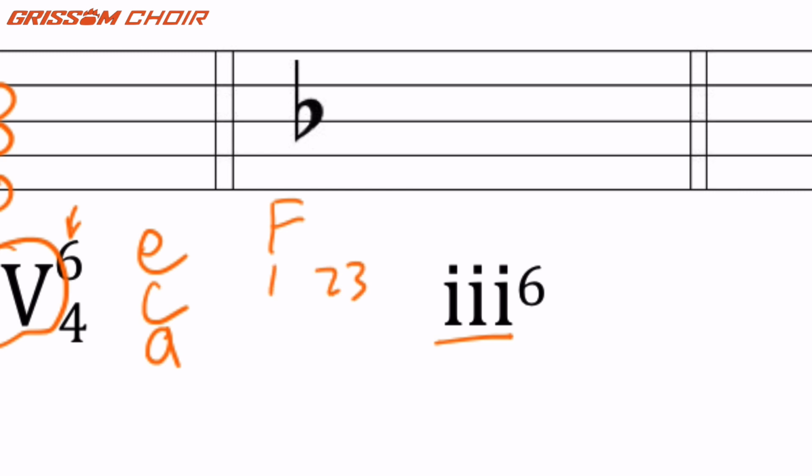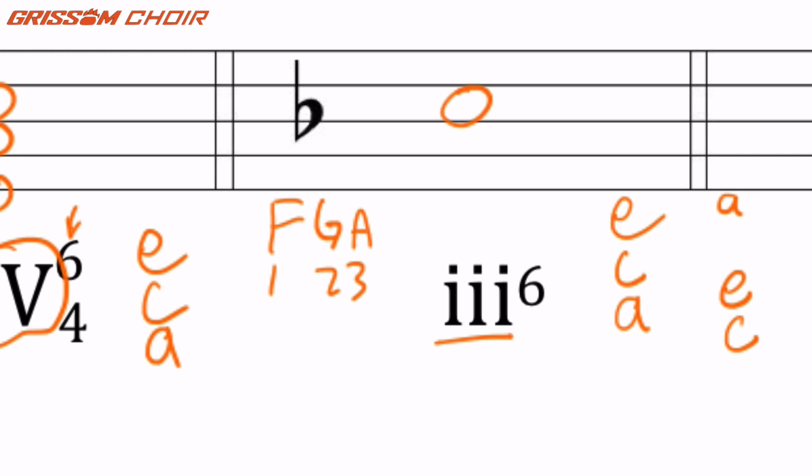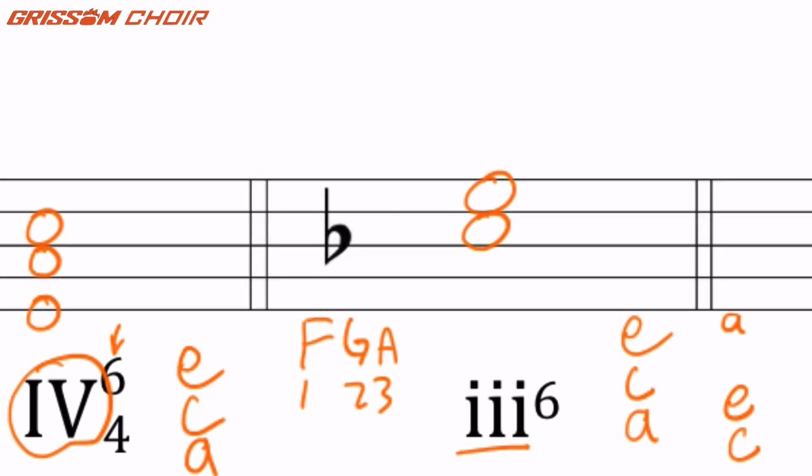So that would be A, B, C, D, E, F, G, then start over on A. Now we build that chord again on A. So that would be A, C, E. First inversion, meaning the middle note of that chord is on the bottom, C, E, and then A up top. Then all you got to do is translate that over. C, E, draw that ledger line, A.